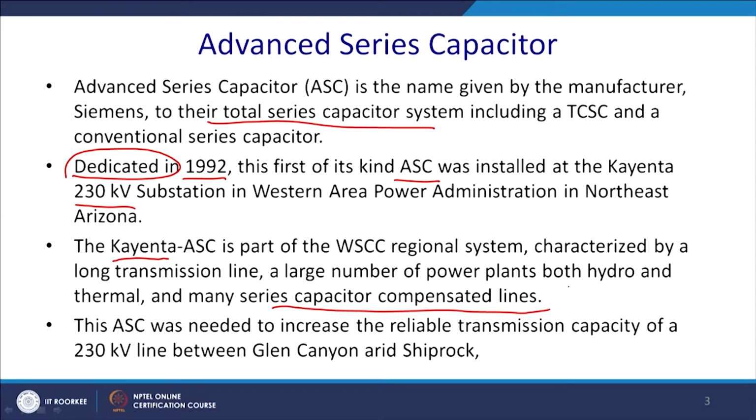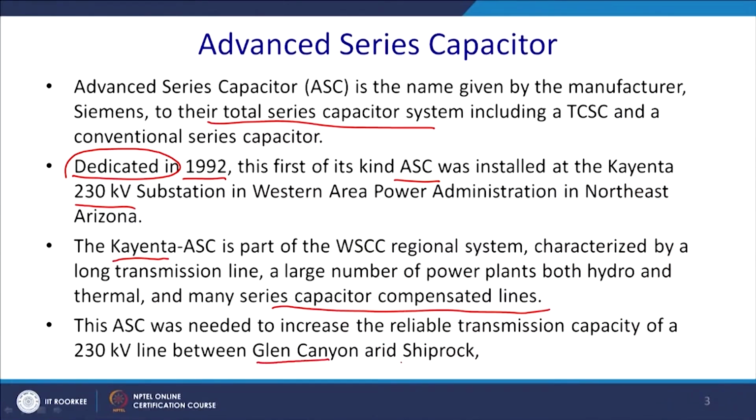For this reason that particular site was chosen for shunt compensation, series compensation, and FACTS devices were placed. And this ASC was needed to increase the reliable transmission capacity of the 230 kV line between Glen Canyon and Sage Park. These are the two places between which we need to send power, and thus we placed it.